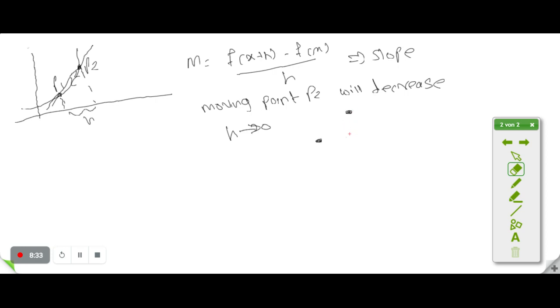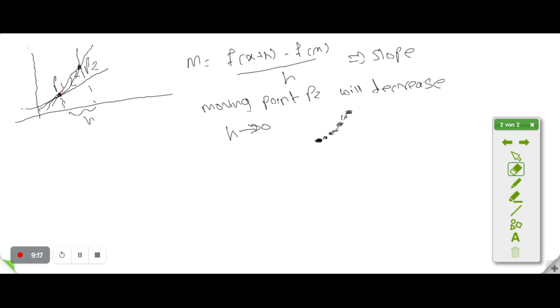Just a visualization. At the original, this is here. If I move this point very close to here, and I can move this point to here, and I can move this point very close, such that as h tends to zero, there will be some point when you are at this point, right? So to find the slope at this point, if I draw a line that touches this point P1, and as the distance between the two points approaches zero, you are basically touching this point.